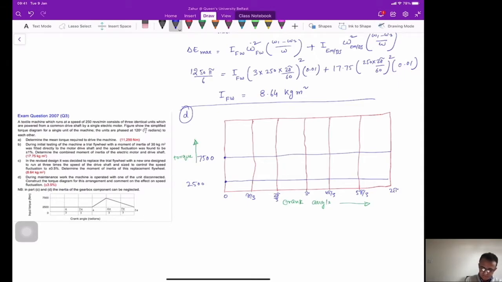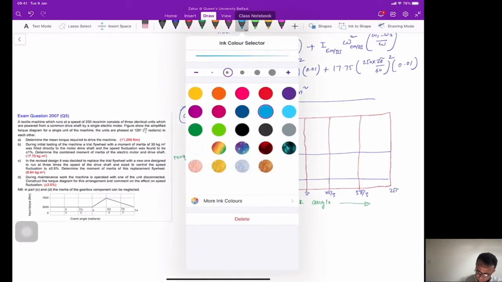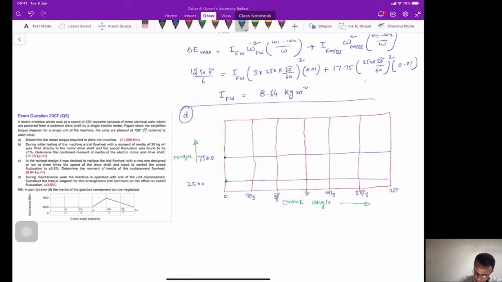So it was constant from 0 to 2 pi, and then it's going to this value here, and then it's going to 2 pi here.